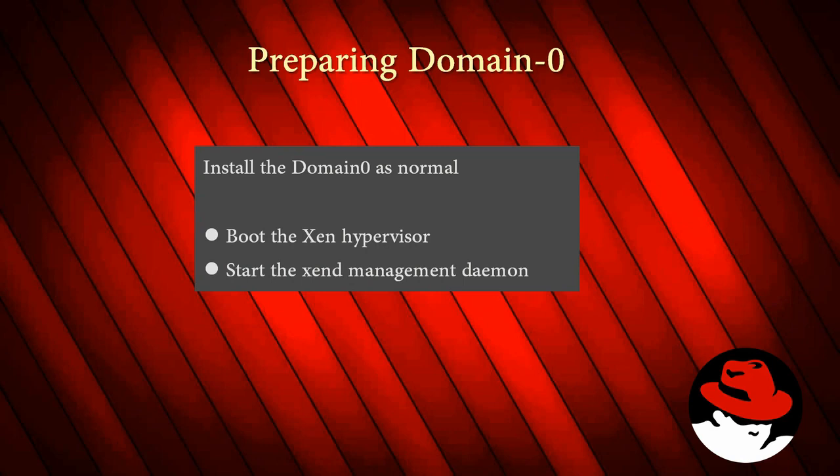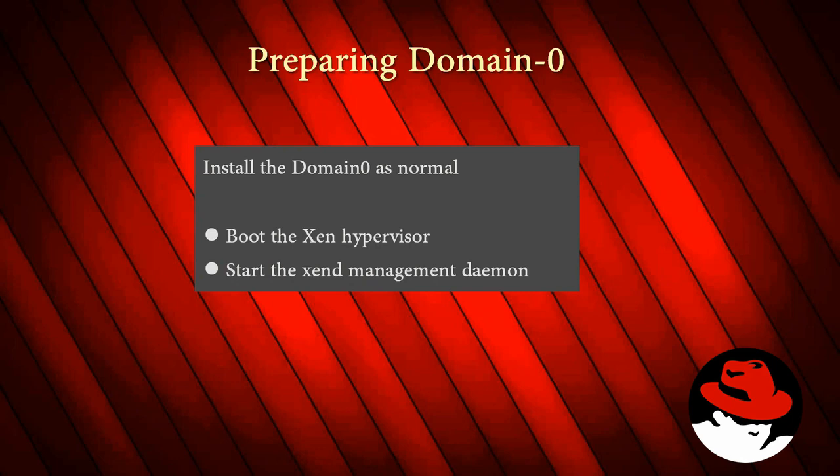Now we are going to learn about preparing domain zero. We have to install domain zero as normal. You have to boot the Xen hypervisor and then start the xend management domain, or Xen domain. The first domain started in a Xen environment is a specially managed domain, that is Xen domain zero.